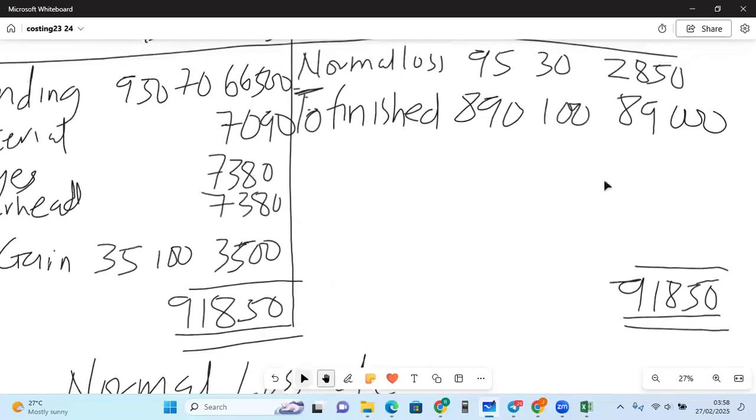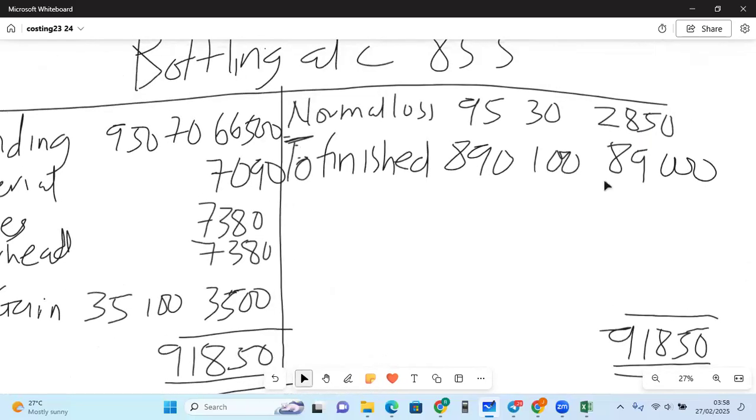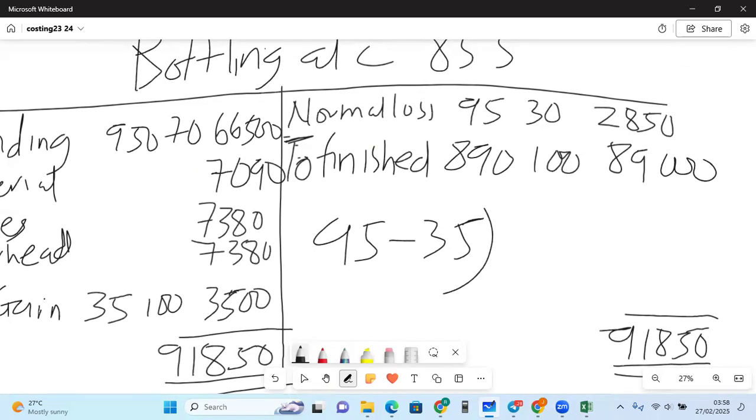It is going to be something like this. 95 minus 35, right? Times 30. So we are subtracting this 35. It is the abnormal gain. We have a loss already, so it works. We have to offset it. So this is what we are going to put down.